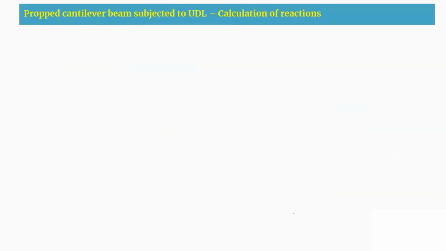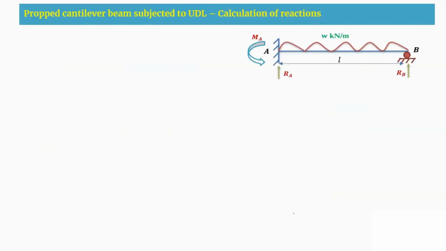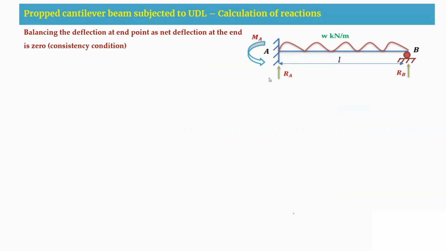Next, we are going to calculate the reactions. As we already know, this is a propped cantilever beam which has the reactions RA, RB and MA. For this, I am going to balance the deflection at this point.